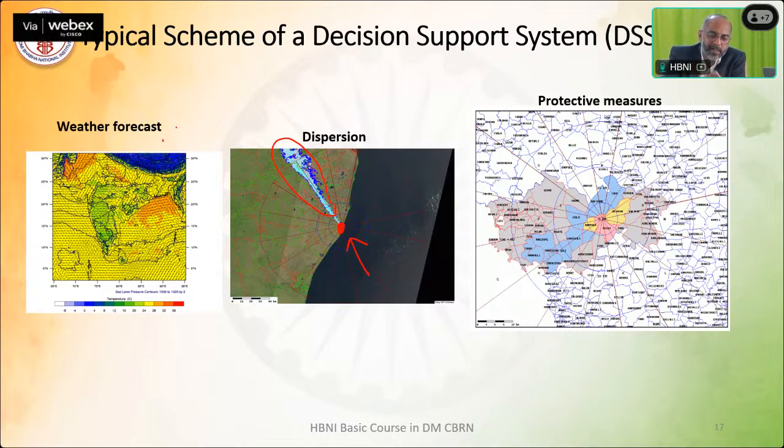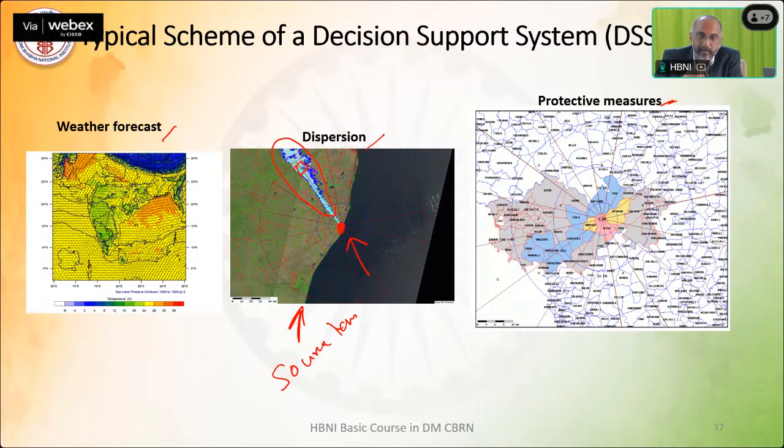Okay. So now, based on the weather data, you make the dispersion calculations, and you have already given the input of the source term. That is also given here, and then you have estimated the doses. And now you see here the protective measures, for example, if you want to implement certain protective actions in an area.